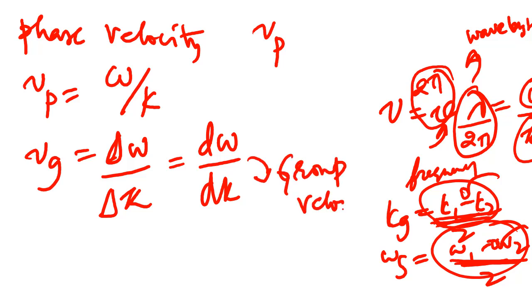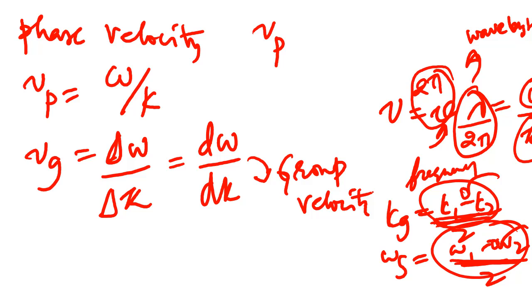Once again, in a pulse you cannot just have one cosine wave, because that does not diminish anywhere in space or time. In real life, light pulses are composed of many different waves. What we have seen is an example of two waves mixing with each other, and using a simple trigonometric identity, we were able to decompose that into a carrier wave, which has a phase velocity, and an envelope, which has a group velocity.